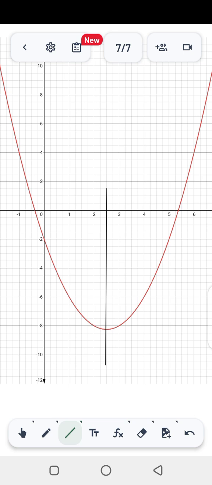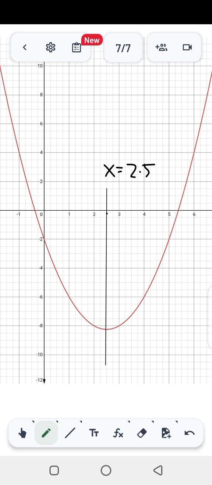So you read it from the x-axis, and this point is what? Okay, that is 2.5. So the equation of the axis of symmetry is x equals 2.5, or manually you can use x equals -b over 2a to find that. You also get the same 2.5.